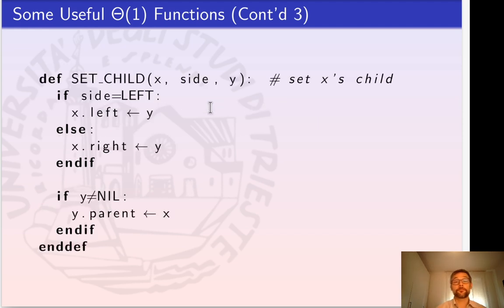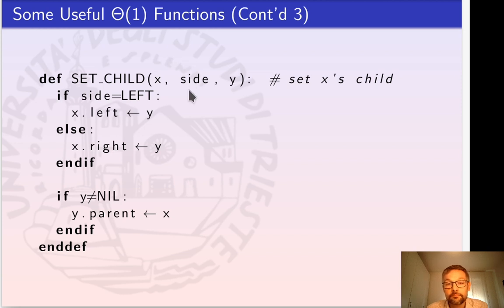And we may also be interested in a function to set a child. So once I have the node x, the node y and a side for the new child, I may want to set y as the child of x on that side.